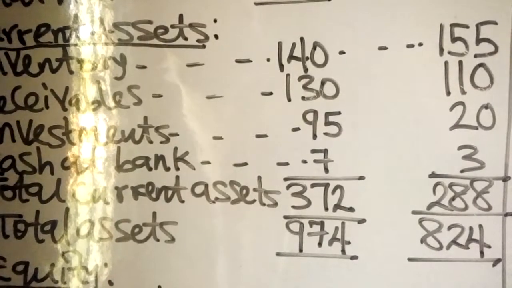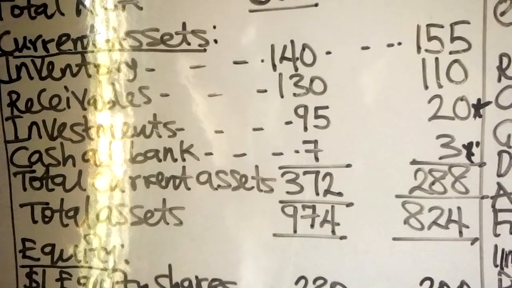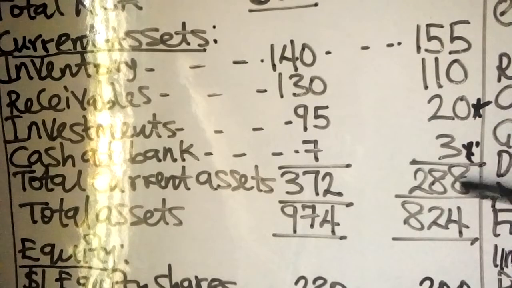The opening is 3. Then we also have investment. Opening is 20. Remember on your note on investment, we were told that the current asset investment is an investment in 30-day government bonds. Since it is an investment in 30-day government bonds, that means it meets the definition of cash equivalent. So we have 3 plus 20.